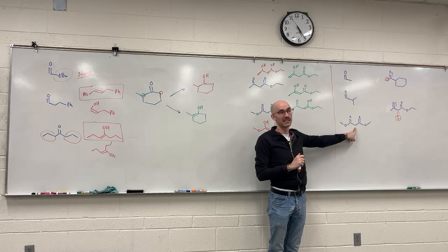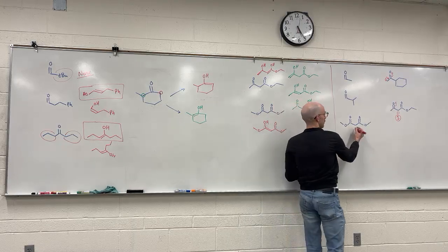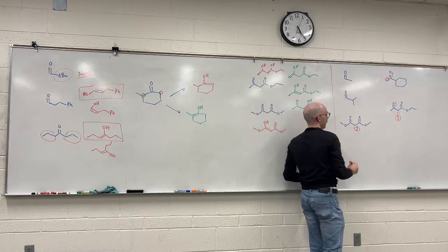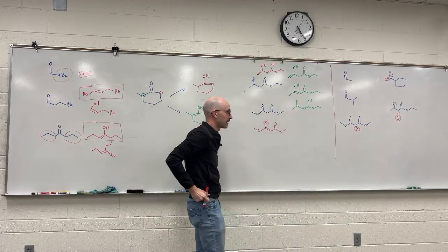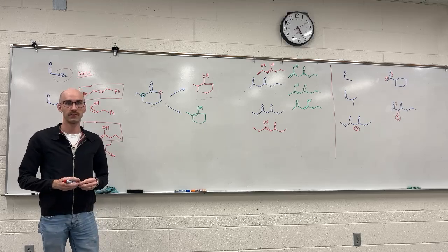More electron density. The esters are pushing electron density towards the alpha carbon, making it harder for it to be an acid. But because of that increased resonance, it is the second most acidic of our alpha hydrogens.